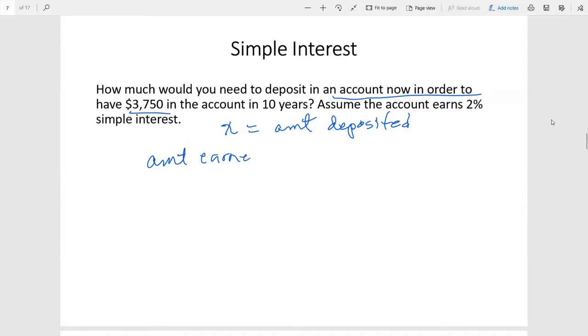The amount earned per year is equal to 0.02 times x.